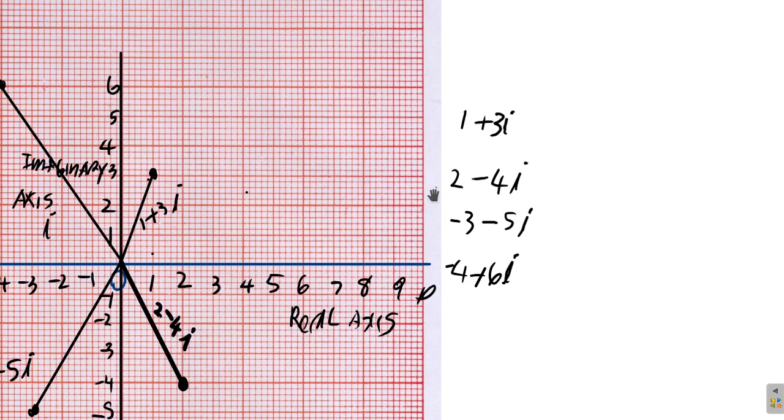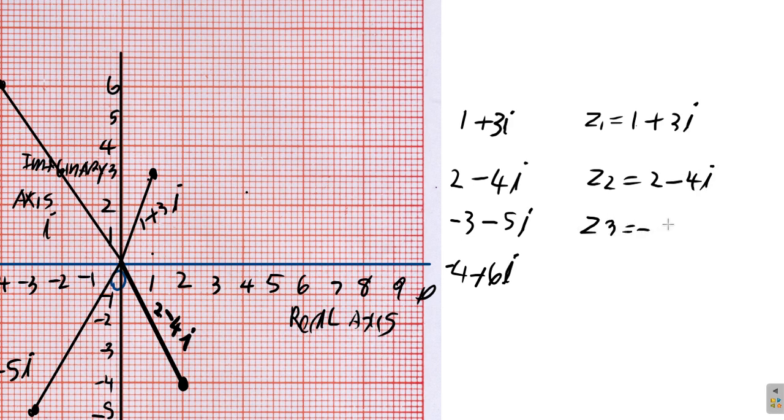Now, you remember that the letter Z is used to represent integers, but it's commonly also used to represent complex numbers. So we could say Z1 is equal to 1 plus 3i. Z2 is equal to 2 minus 4i.